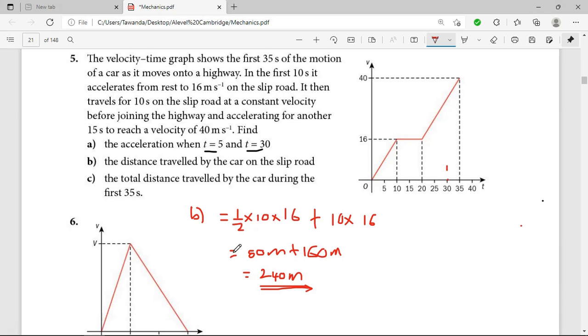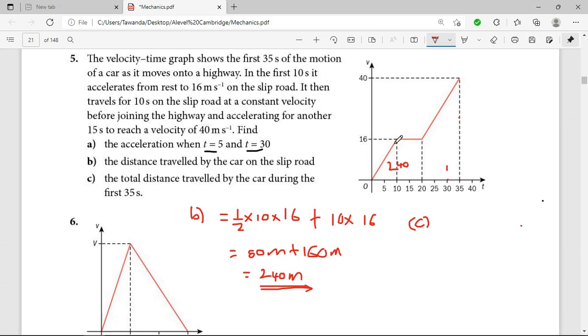Then for part C, the total distance covered by the car during the first 35 seconds. So the total distance is the area under the graph here. We are just going to take this 240, because from 0 to 20 we have 240.